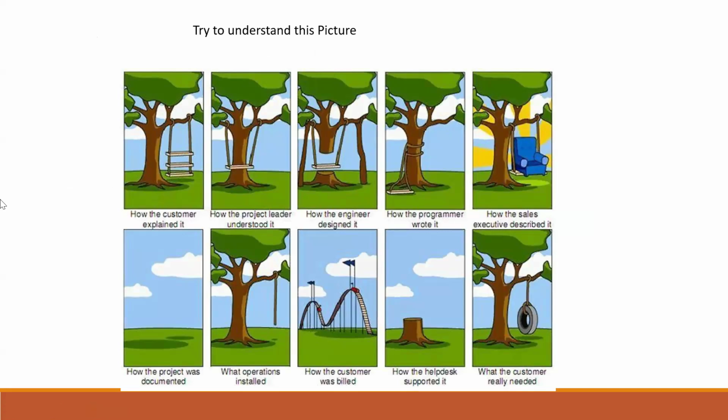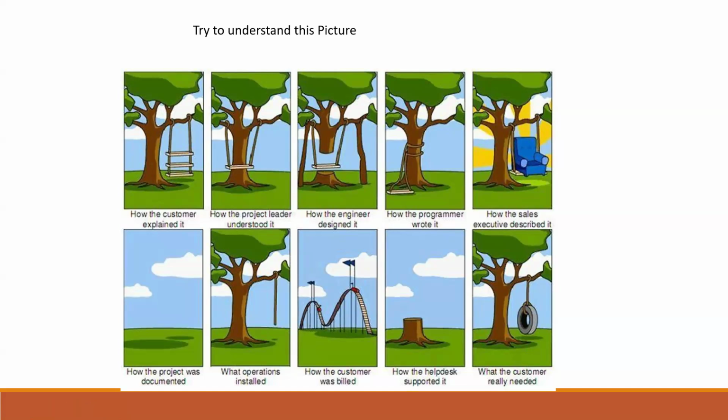If you see the picture on the right side down, there is a customer who actually wants something to be delivered, something like a tire swing tied to the tree. He wants this, but he explained it in a different way.